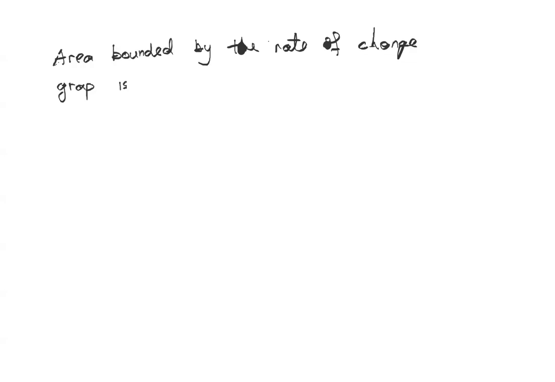Area bounded by the rate of change graph is the total amount of the function, correct?